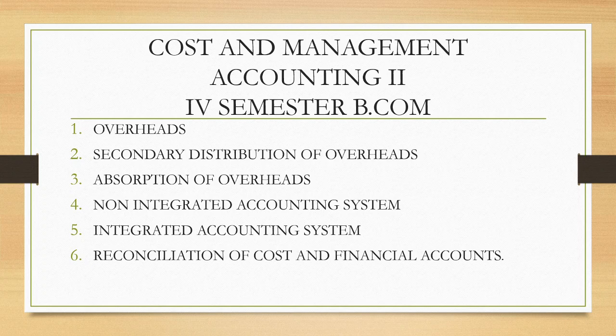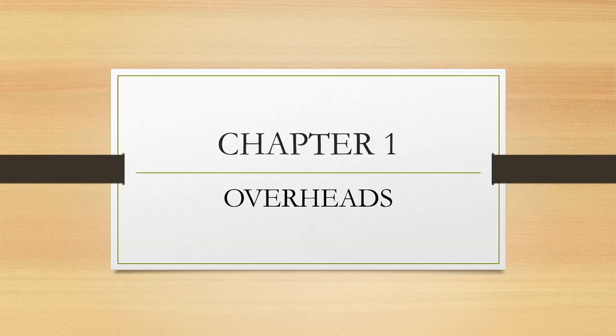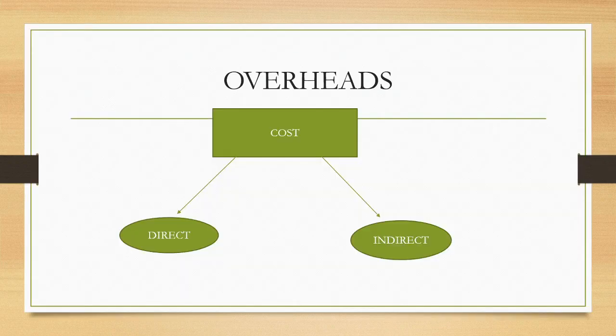So the 6 chapters which we are going to study during this 4th semester BCom can be classified into 2 parts actually. The first part, the first 3 chapters relating to overheads, and the second part, that is the remaining 3 chapters relating to the accounting for cost. So let us begin with the first chapter, that is relating to overheads.